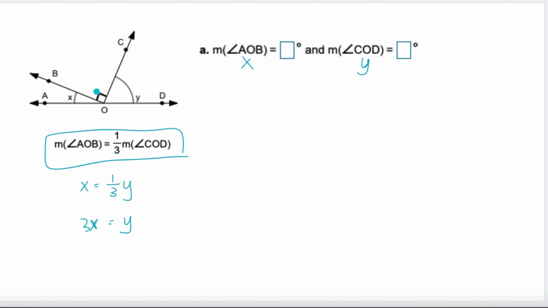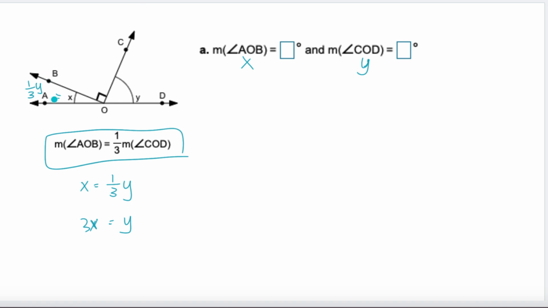And also we know this is a 90-degree angle. So if I put 1/3 of y for x here, or the other way around, I don't like fractions so much, but it doesn't matter.